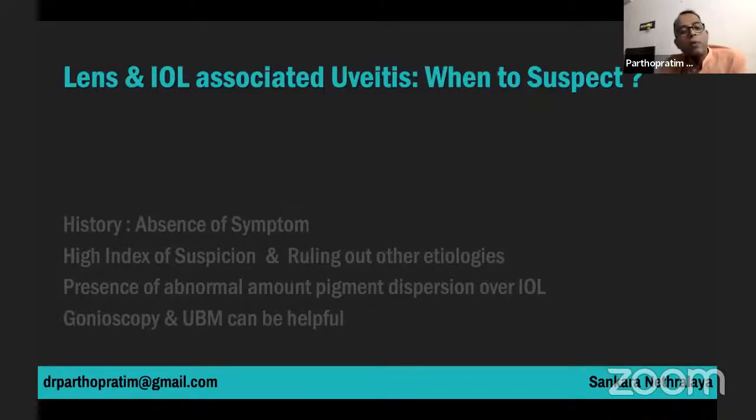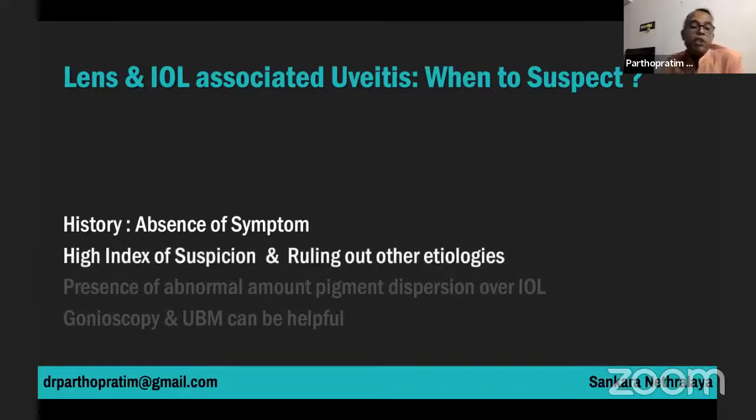So just to conclude my talk, for lens and IOL associated uveitis, the history is very important. The patient will tell you that he or she never had this kind of redness or irritation prior to the surgery or prior to this episode.